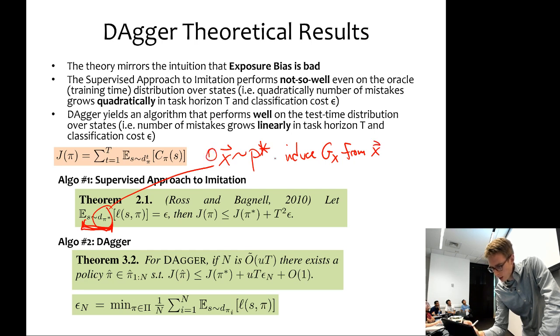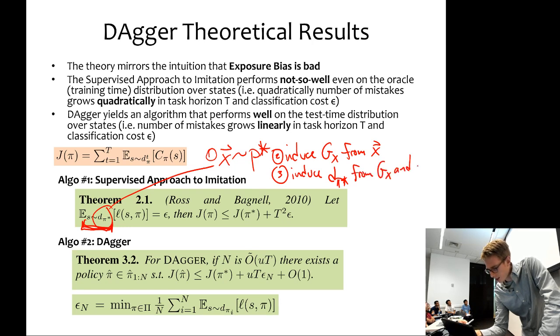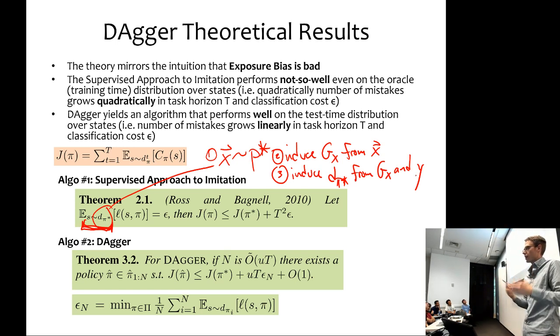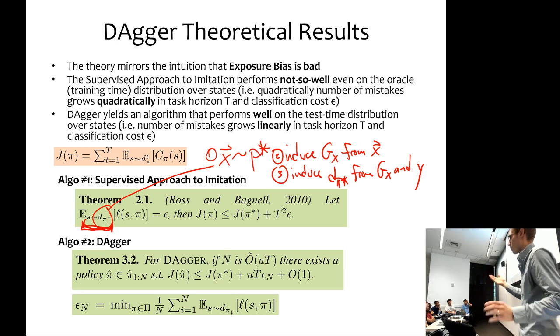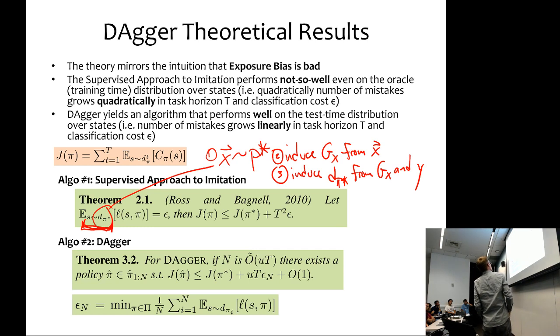So this is step 1, step 2, step 3, and then induce this distribution d pi star from g x and some ground truth y, where d pi star is what we should have done on that example.